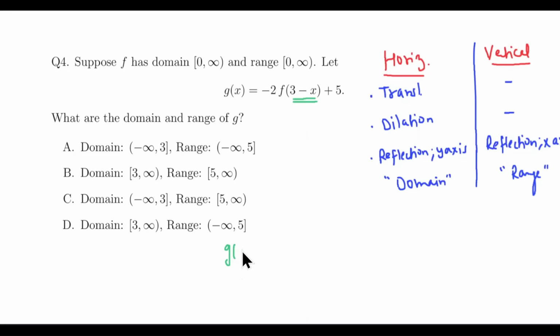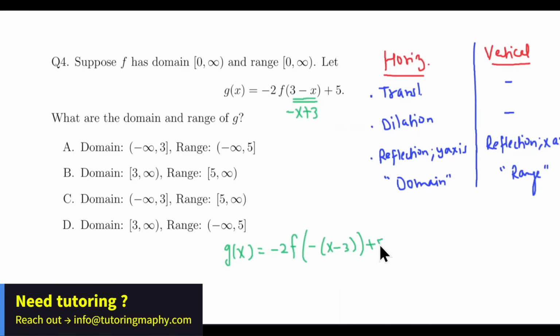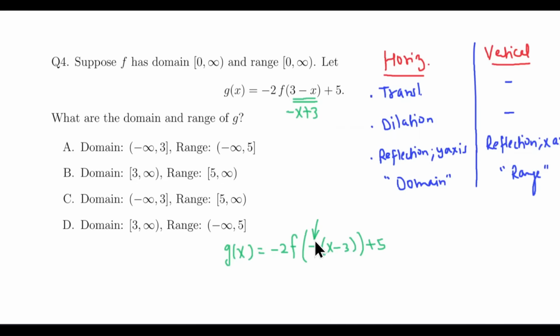And minus x plus 3 means that the x has a coefficient which I have to factor out. I'm going to take minus as a factor, so I'm left with minus of x minus 3, plus 5. So there are two transformations. One is this is reflected about the y-axis, right? And then it is moved right by 3.